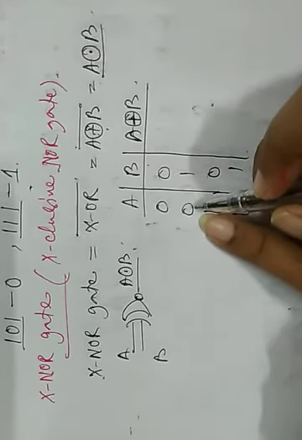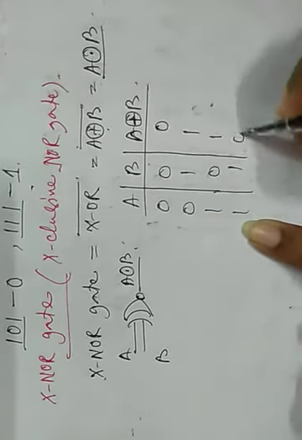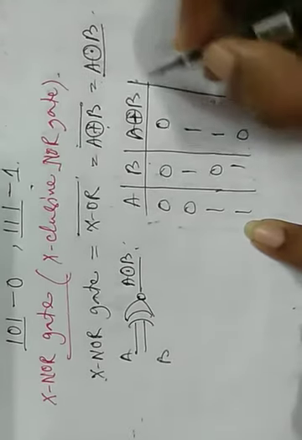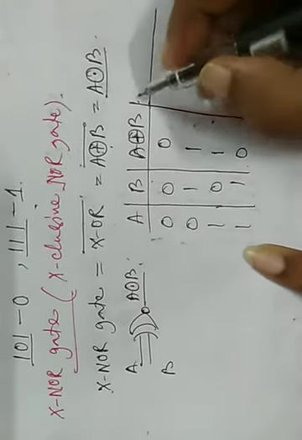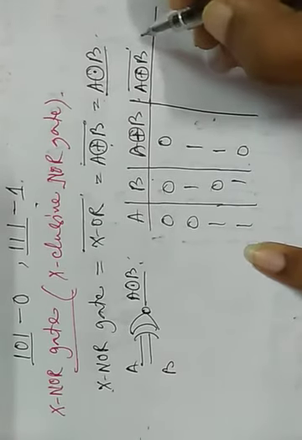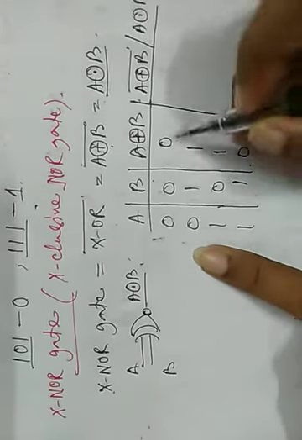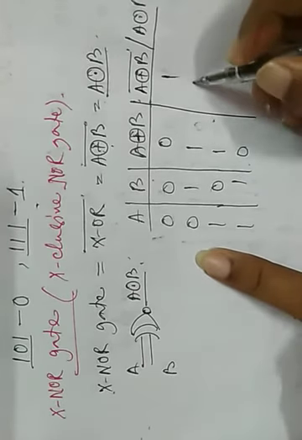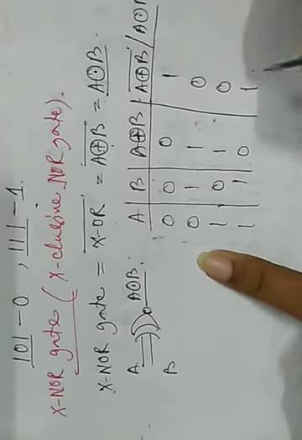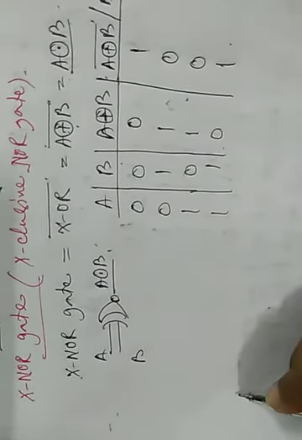XOR gate means if there is an odd number of 1s, output is 1, otherwise output is 0. So XNOR gate is the complemented value of this, so we get 1 0 0 1. This is XNOR gate.